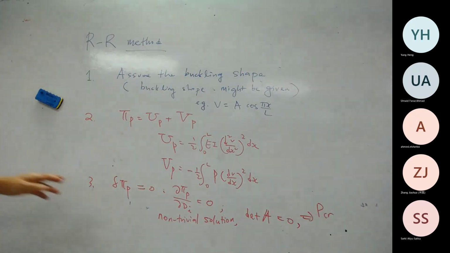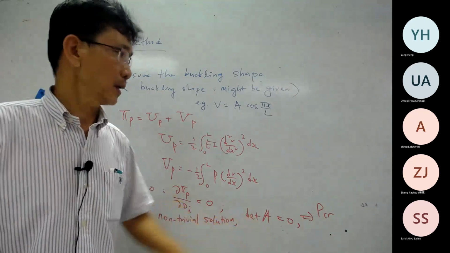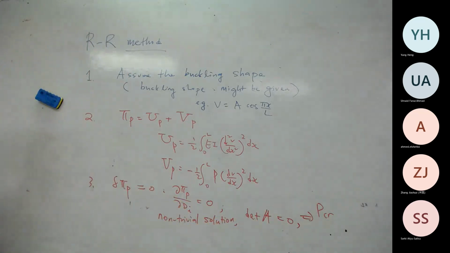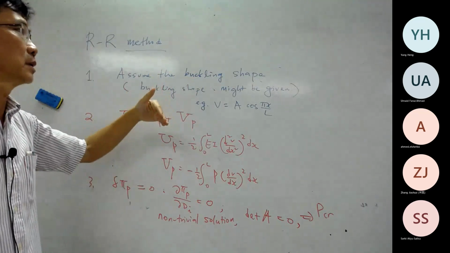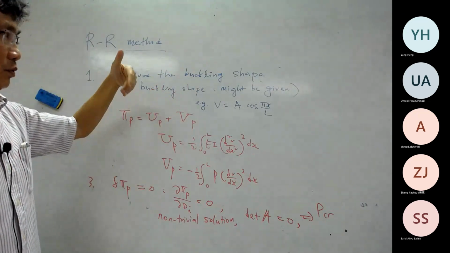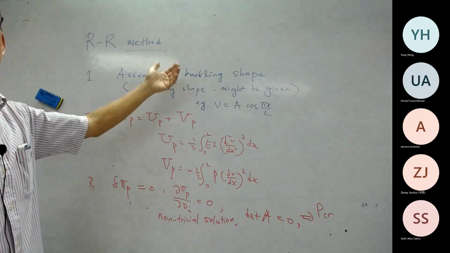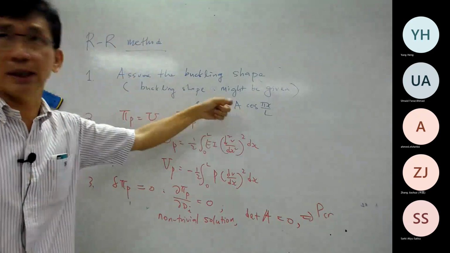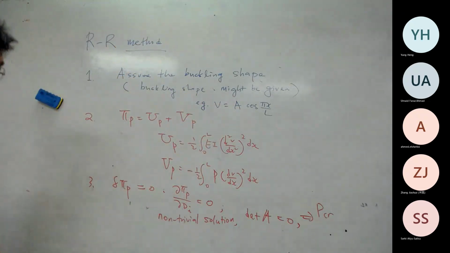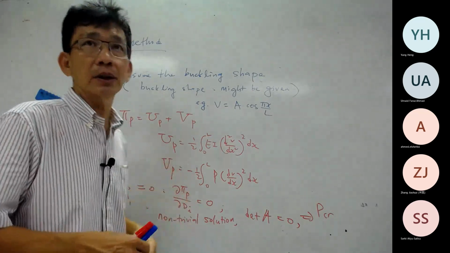And then finally, the buckling shape or the slightly bent shape, if you need to assume, then you have to make the assumption. If it is already given to you, then use it directly. So that is the main thing about the Rayleigh-Ritz method.